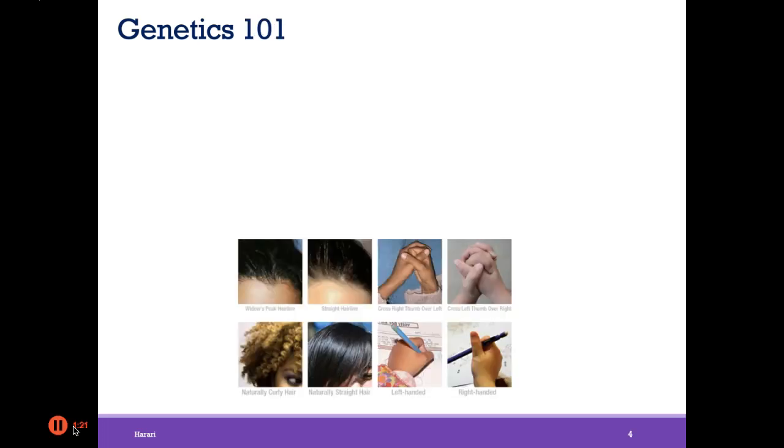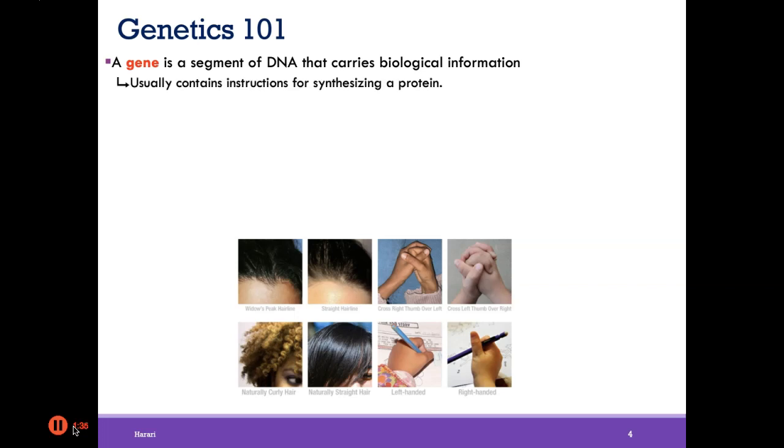Before we talk about the details of genetics, let's review some basic terminology. We said that a gene is a segment of DNA consisting of nucleotides, A's, T's, C's, and G's, and it carries biological information. That biological information is usually instructions for synthesizing a protein. We have about 25,000 different genes, or 25,000 different sets of instructions on how to make different proteins.